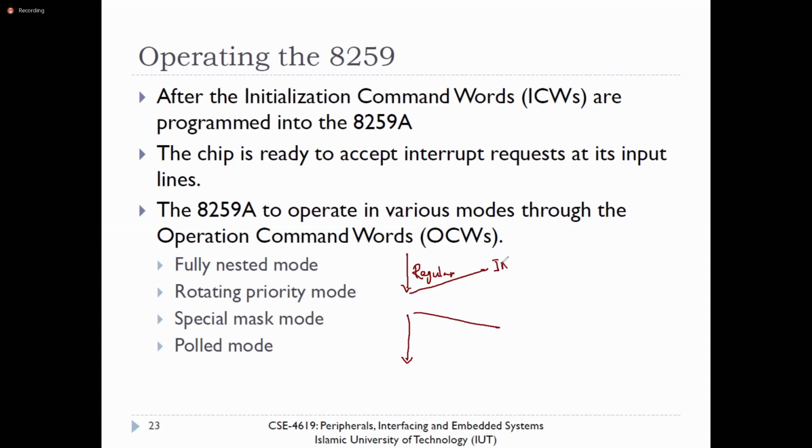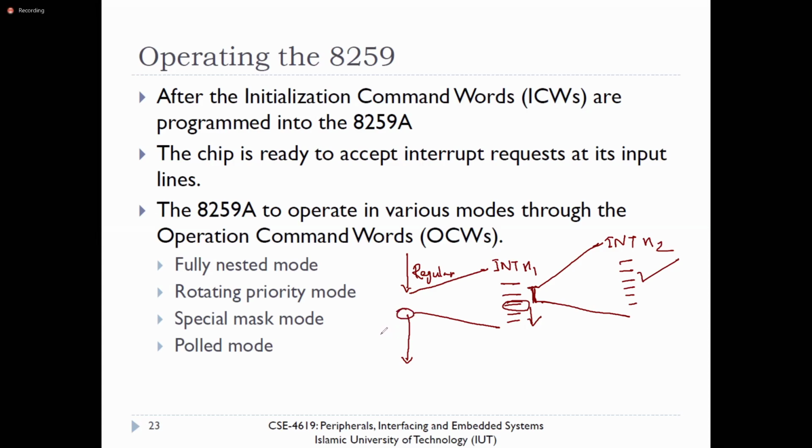Let's say interrupt N1 occurs, and that interrupt N1 will be executed as it is the highest one. But at this time interrupt N2 occurs, and that has higher priority over interrupt N1. So at that time N2 will be executed first, and after completion of this, from this position the rest of N1 will be executed, and after that the control will come back to the regular program.